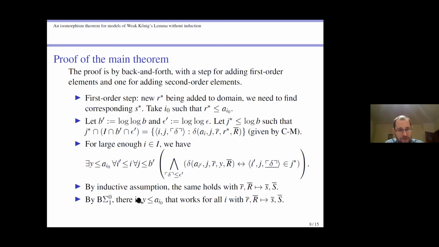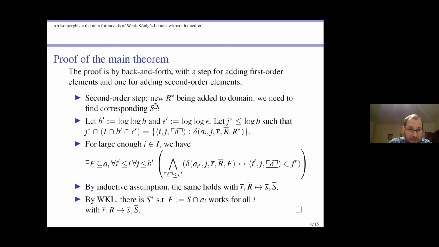The second order step is more or less similar, except that now we have a second order object being added to the domain, say capital R star. We need a corresponding second order element in the range of the isomorphism. That's S star.